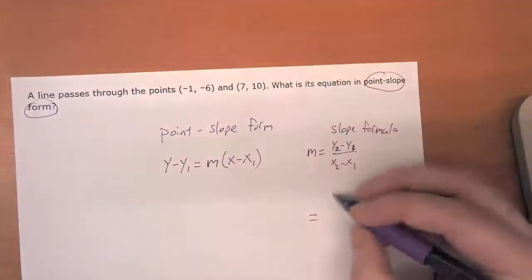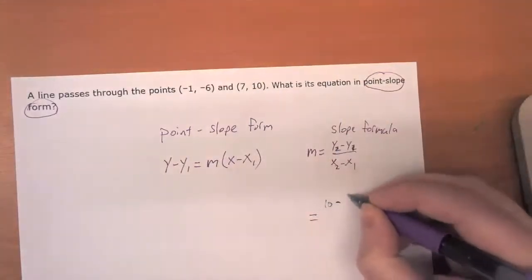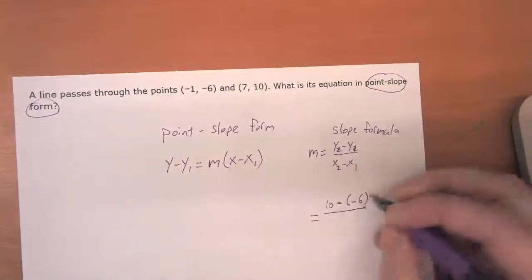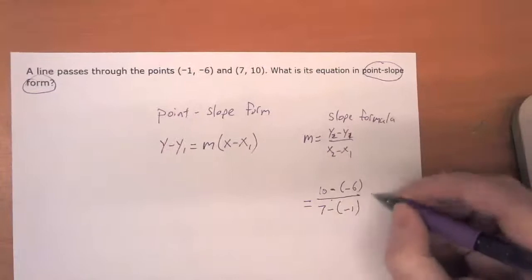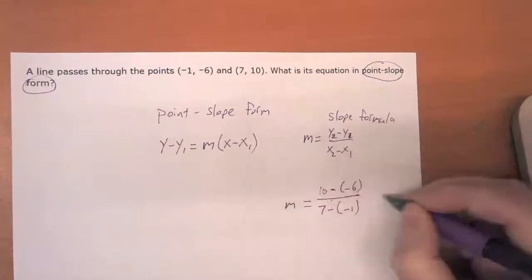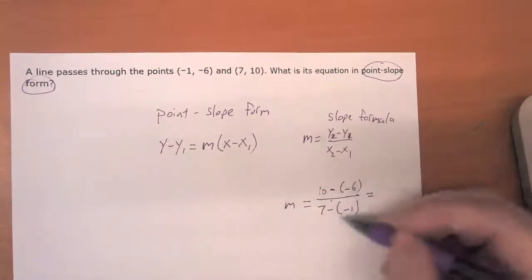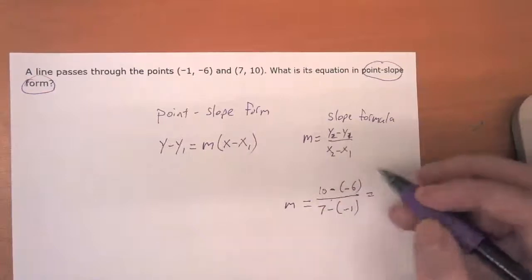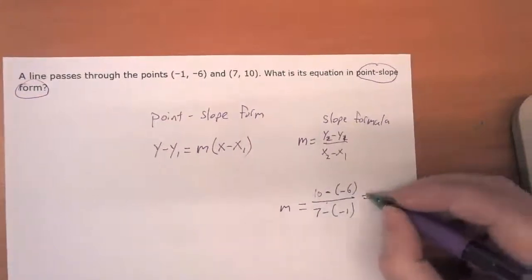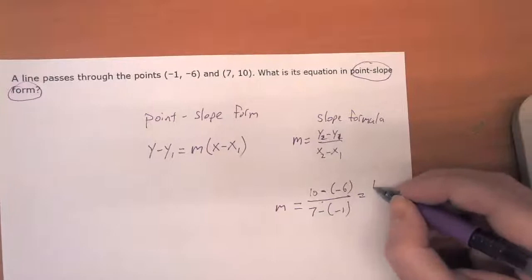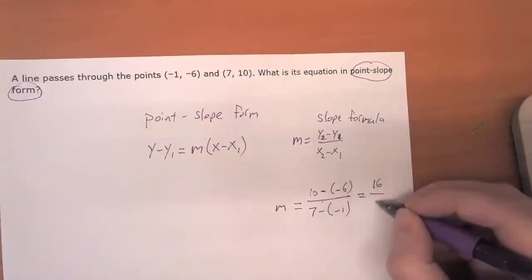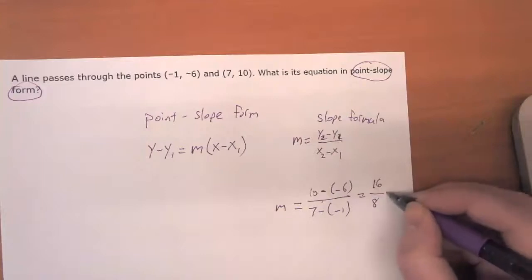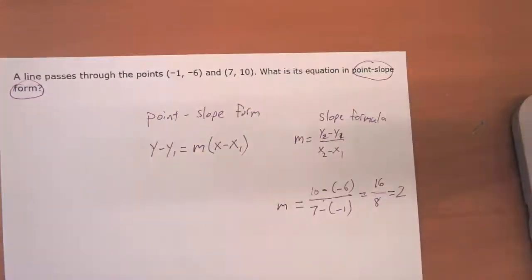So this is 10 minus -6 over 7 minus -1. So negatives cancel each other out in both the numerator and denominator. 10 minus -6 is 10 plus 6, which is 16. 7 minus -1 is 7 plus 1, which is equal to 8. And we can simplify that to just be 2.